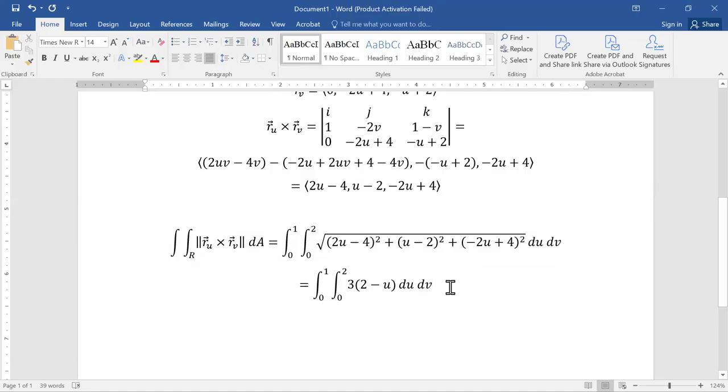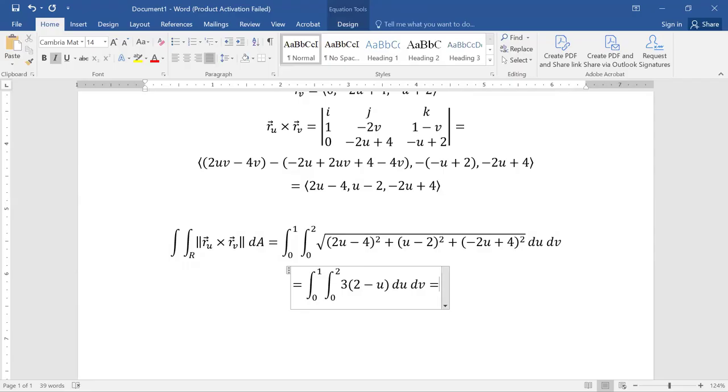Now, that's a very easy thing to integrate by hand if you want. You could also use technology. Basically, you integrate that and you get a 6. And then integrate that from 0 to 1, you still get a 6.